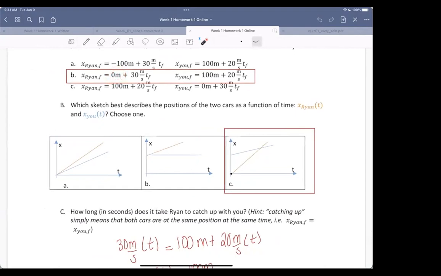So his line should start at the origin basically. So x Ryan should start at the origin. You can see that for part C here. It starts at the origin. And then you start at 100 meters. So it's up here. But then think about this as like a y equals mx plus b. Oops, that's really big.